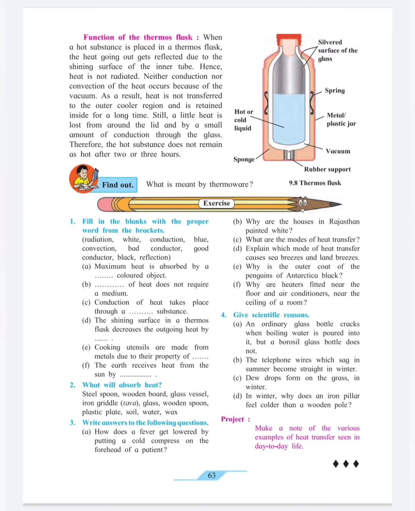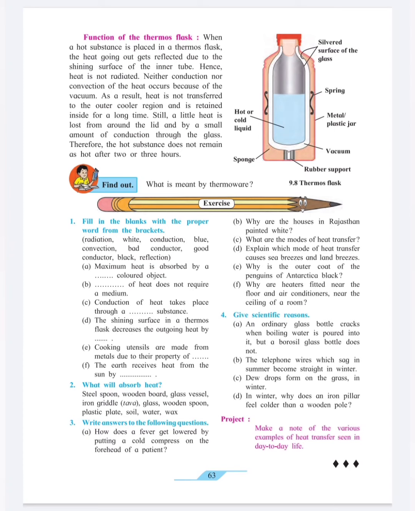It happens because of the special structure of the thermos. How is it built? The thermos has two tubes fitted into it in such a way that there is a gap between the two tubes, and that gap has no medium. It is made up of vacuum. As it is a vacuum, there is no medium for the heat to pass.